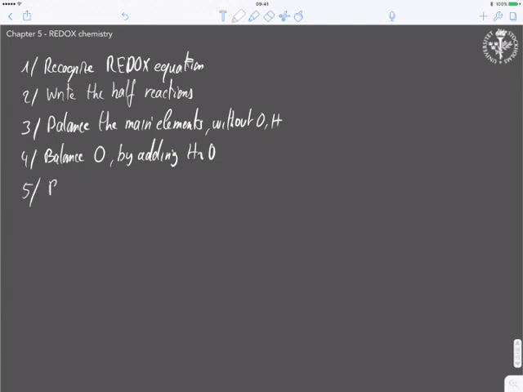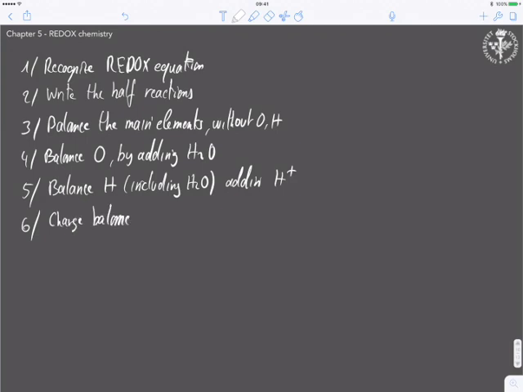Step 5 would be balancing the H, including the one you add with the H2O, by adding H plus. And then step 6 is the charge balance by adding electrons to have both sides of the half reaction balanced and neutral.